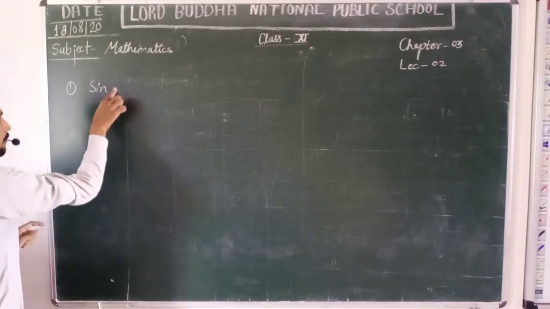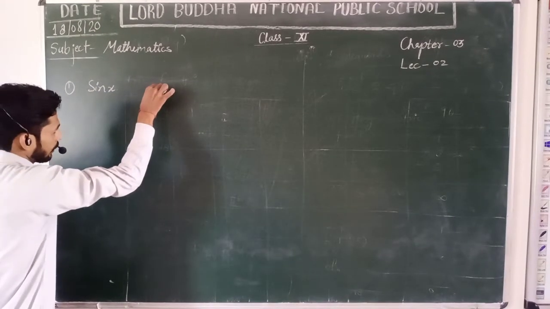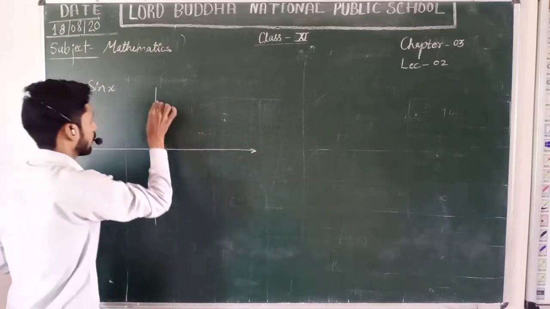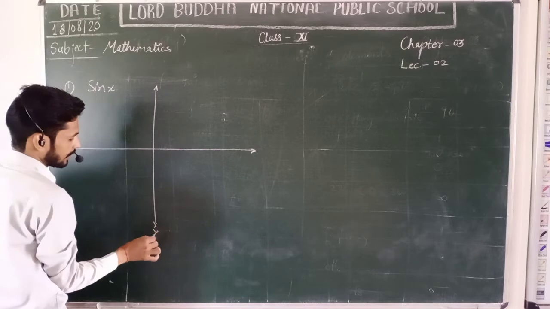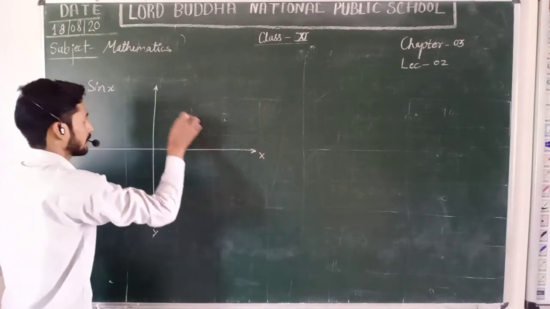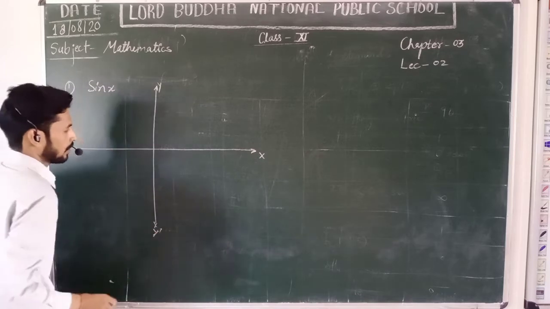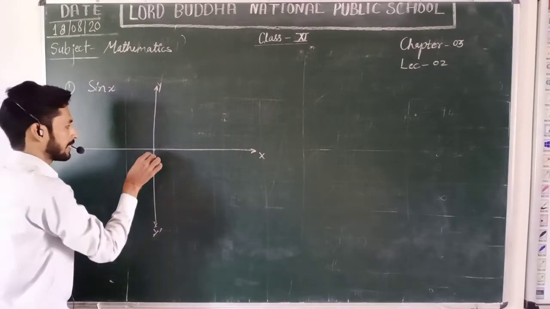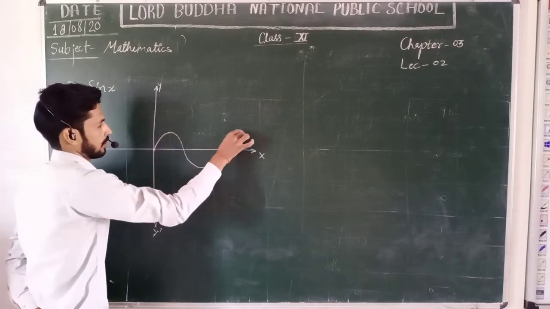The first trigonometric function is sin x, and for the graph of sin x, this is the y axis and this one is the x axis. This is the origin, and the graph of sin x, remember, looks like this.